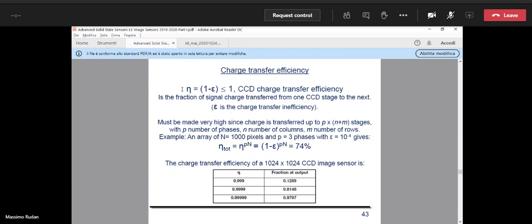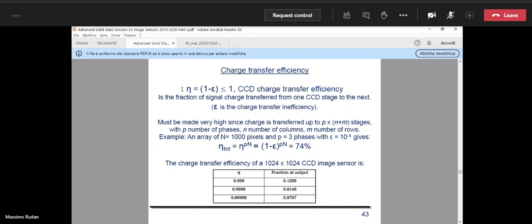Of course, some electrons are lost for each transfer. This is something that cannot be avoided. So if eta is the fraction of charge that is transferred, and of course this eta is expected to be smaller than 1, then we call it 1 minus epsilon, and epsilon is the charge transfer inefficiency, okay?